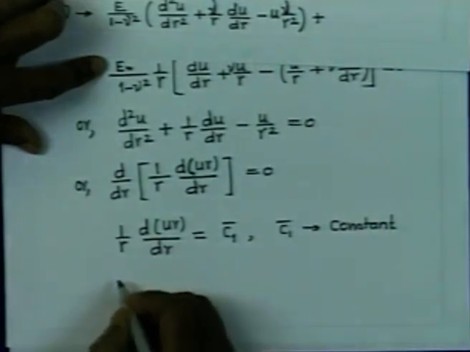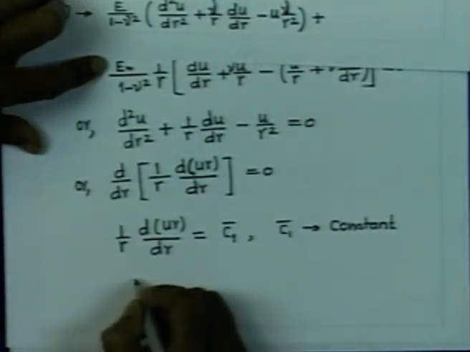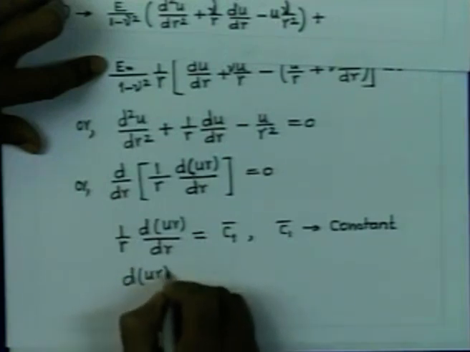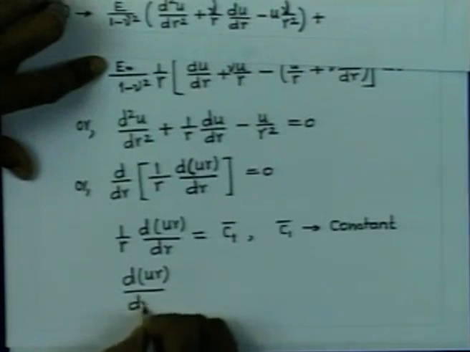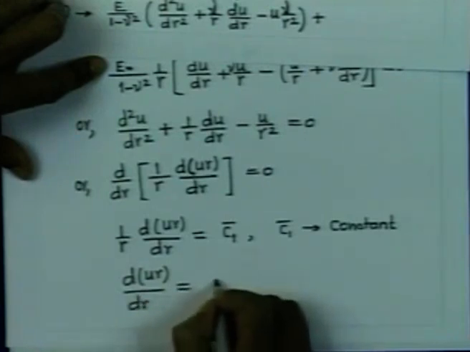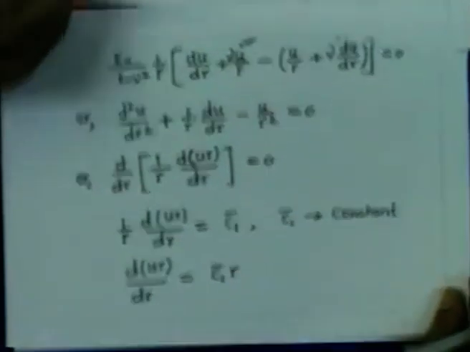Now, if we continue further, we will have d(ur)/dr is equal to C1 bar into r.